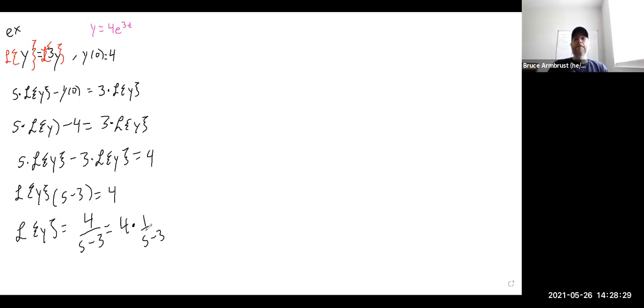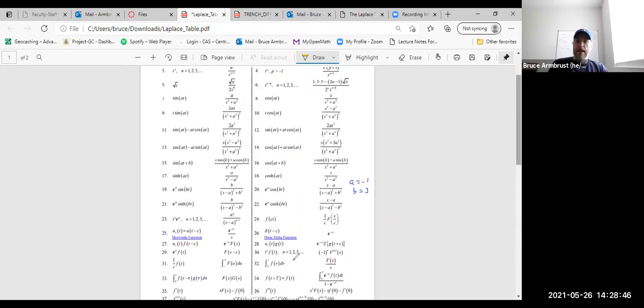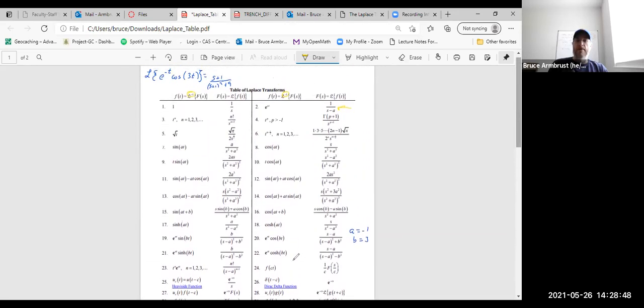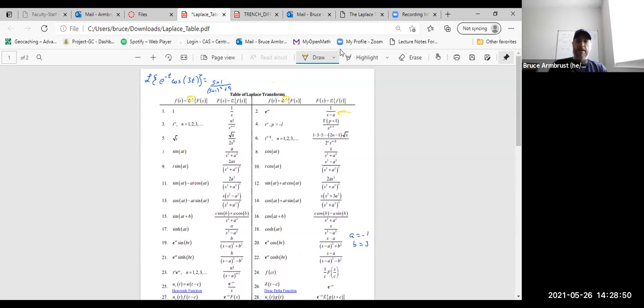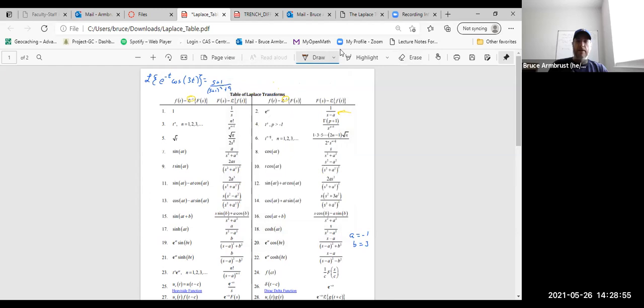Here's the deal. I know what the Laplace transform looks like, but I want to know what the original function is. So let's jump back over to the Laplace table. Remember, we had 4 times 1 over s minus 3.